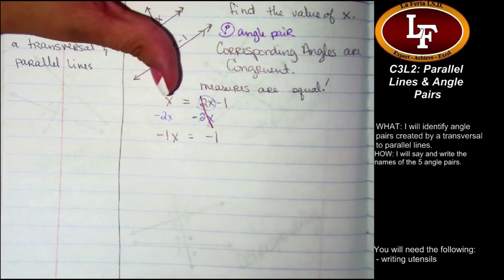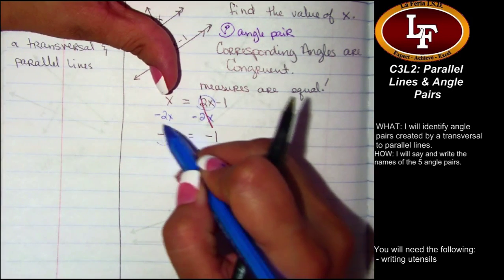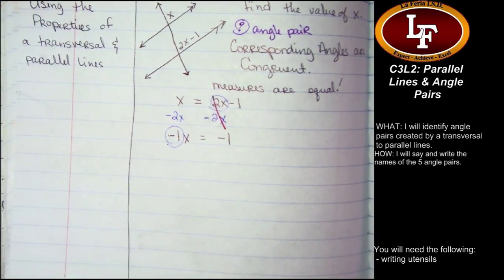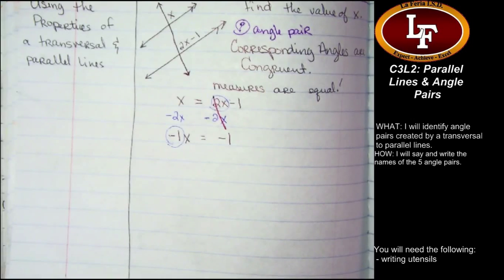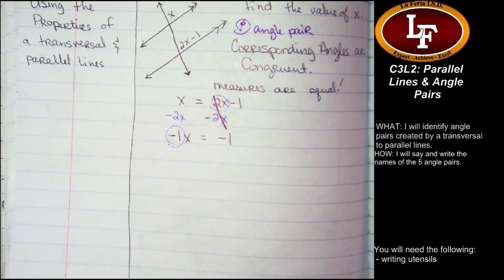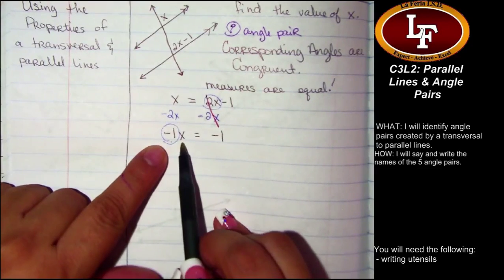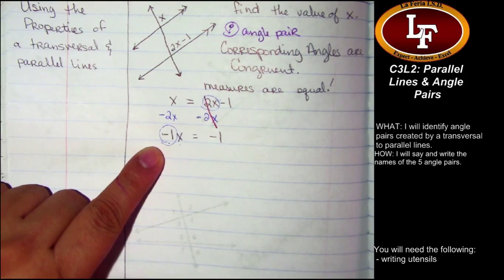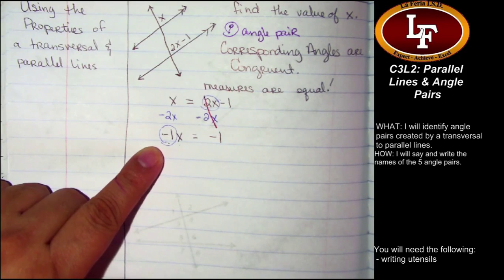Now, how do I get rid of this negative 1 here? What's the operation happening between the negative 1 and the x? We've got to figure out what the x is by itself, so we can't have that negative 1 there. Whenever you don't see an operation between two symbols, you assume it's multiplication.